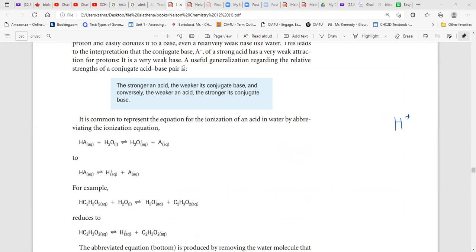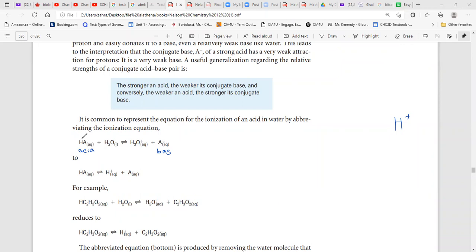So this is your acid because it is losing hydrogen. If the reverse reaction happens, A will gain hydrogen, so it's going to be base. This is the conjugate base, right?